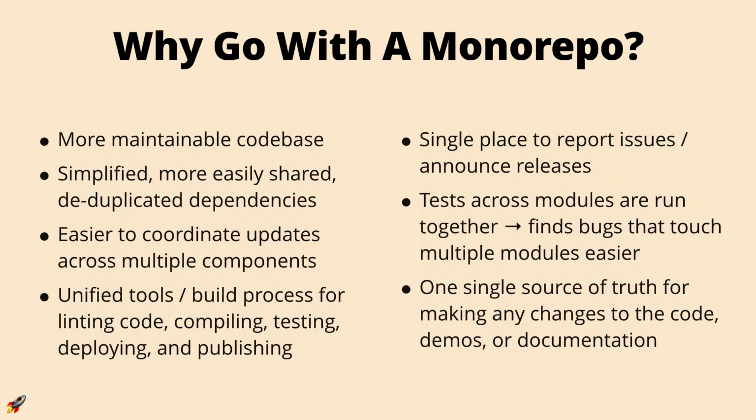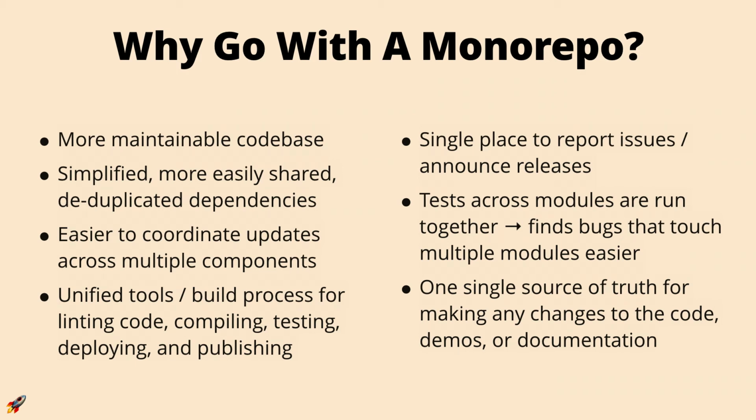This also makes it a lot easier to maintain and orchestrate your build process, your tooling, your orchestration from deployment, testing, everything. It helps so much to just have it all be in one spot. From the outside community, it's also the single source of truth for reporting issues, asking questions, announcing your releases.